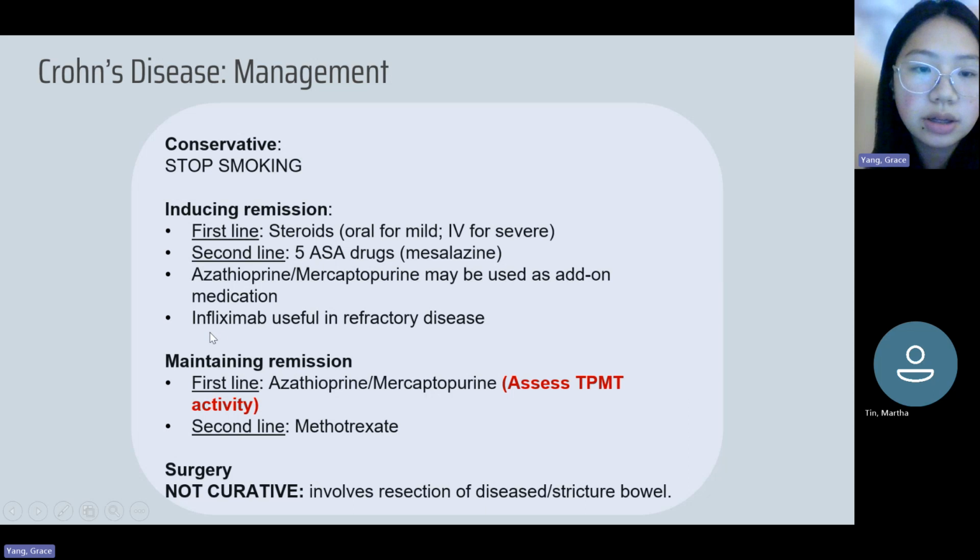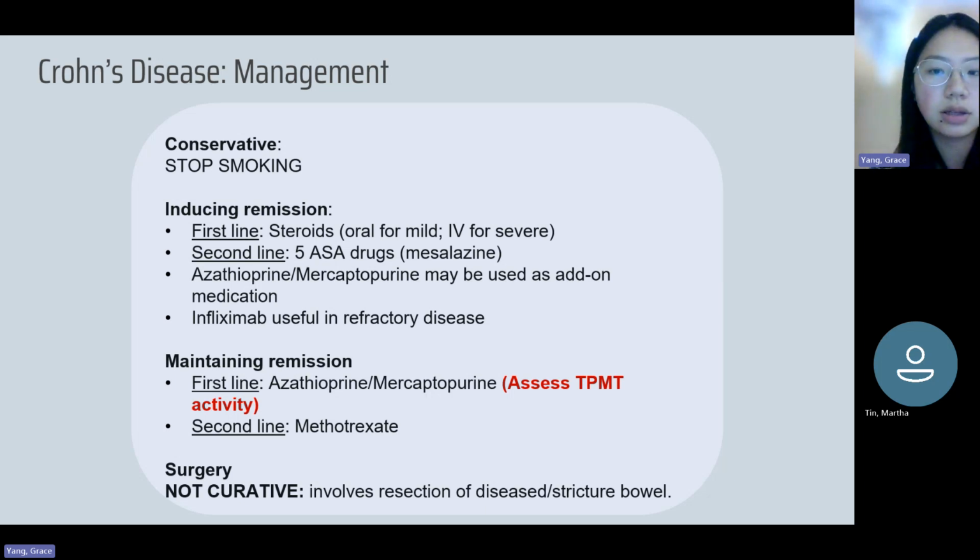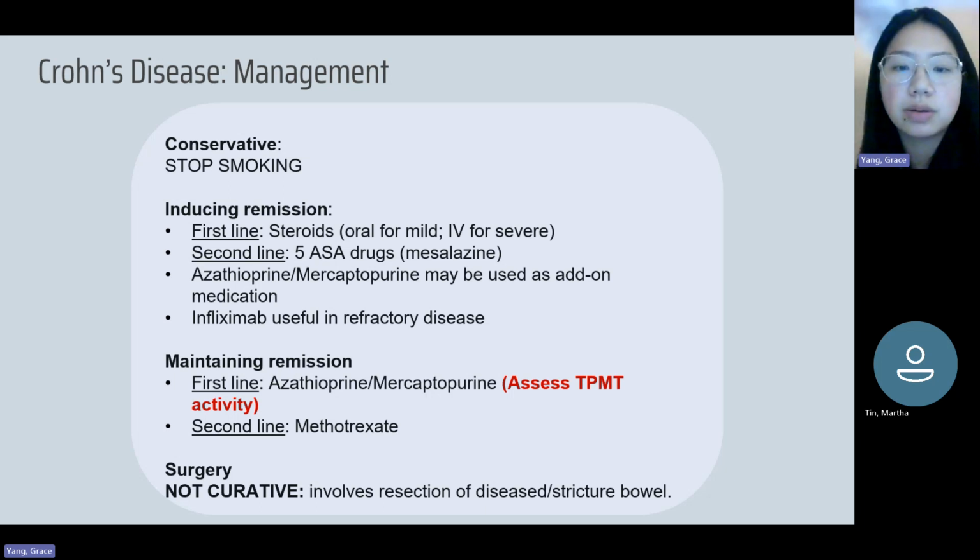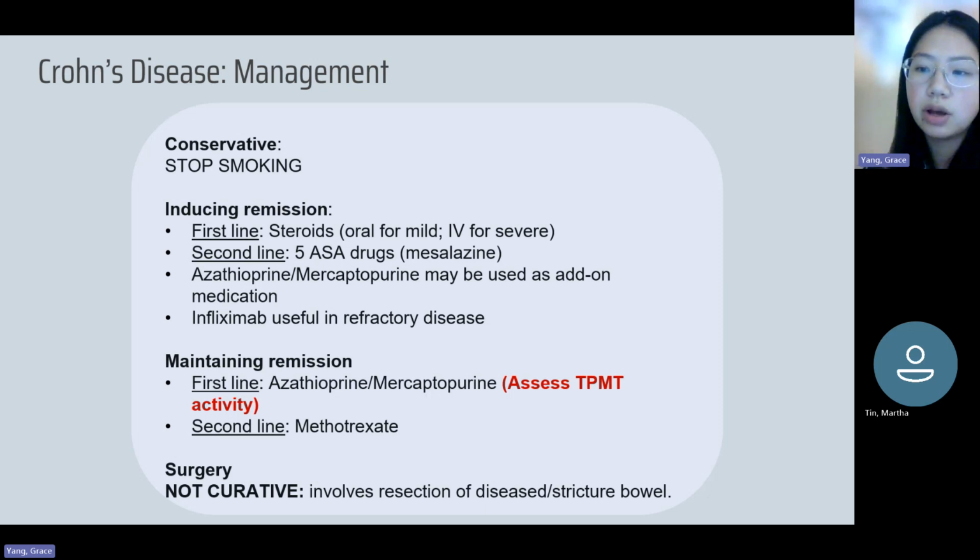If that doesn't work, I think hospitals now quite like using infliximab, so the monoclonal antibodies. So if you've achieved remission, to maintain it, you'll keep them on azathioprine and mercaptopurine. And second line, if that doesn't work, you use methotrexate, which is a DMARD. You might have heard of it for rheumatoid arthritis.